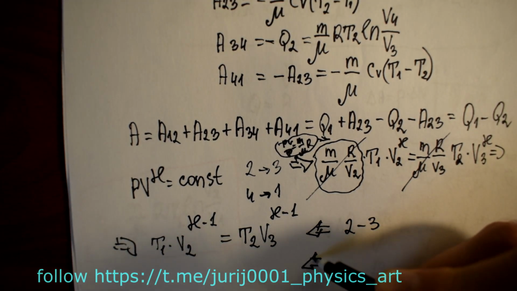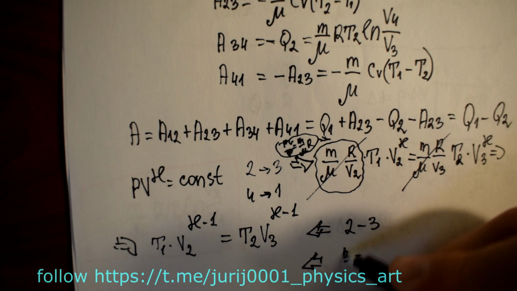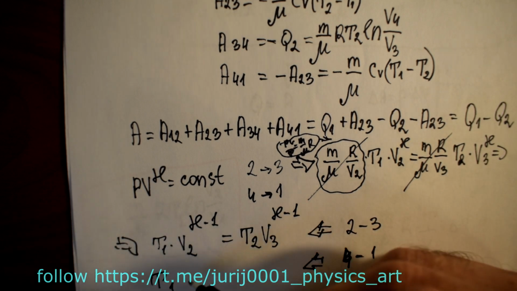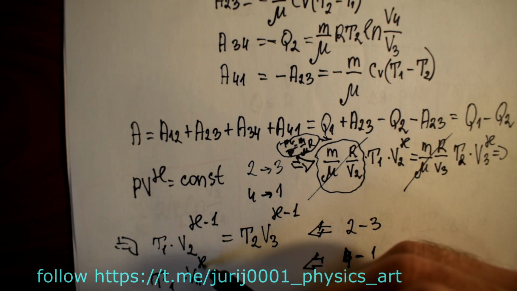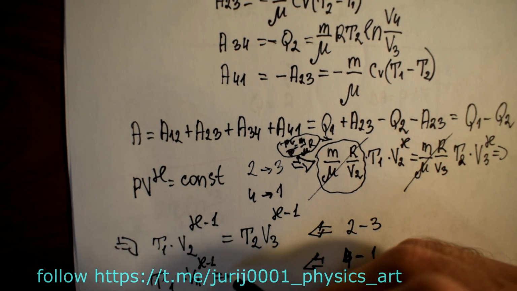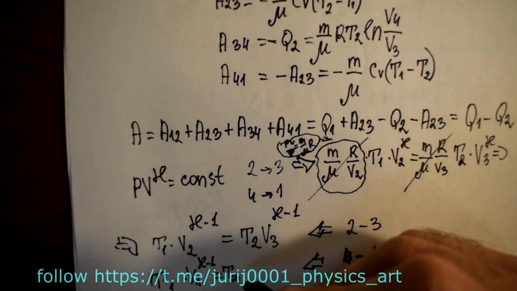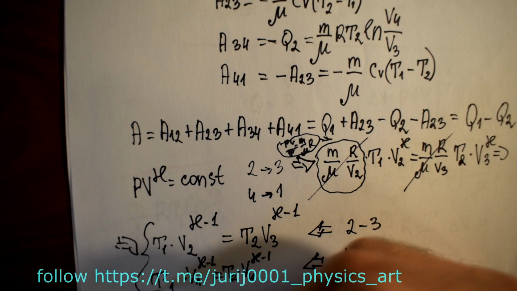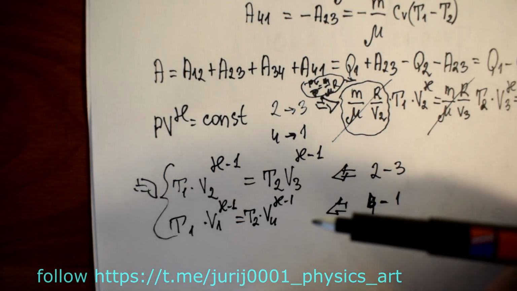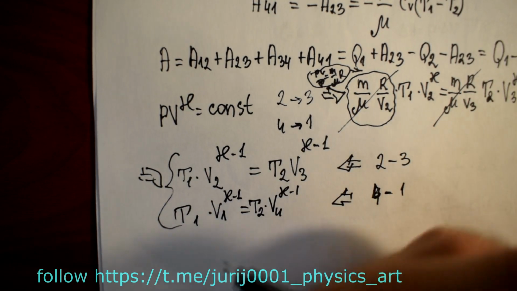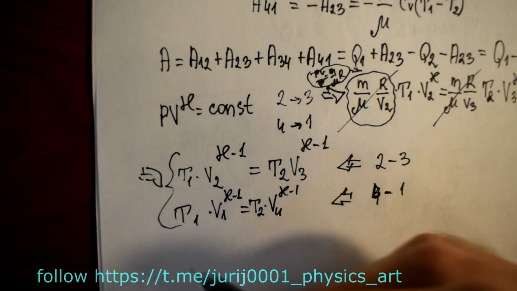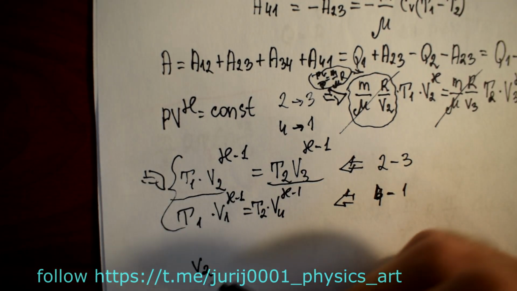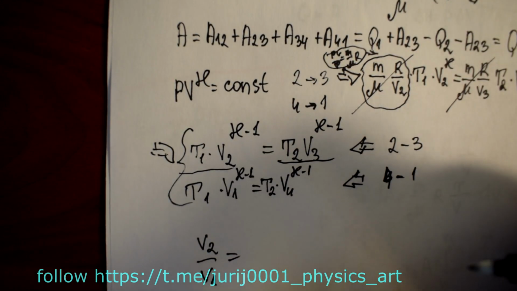We shall do the same for process 4-1. Thus I proved that the ratio of volumes V1 to V2 is equal to V4 to V3.